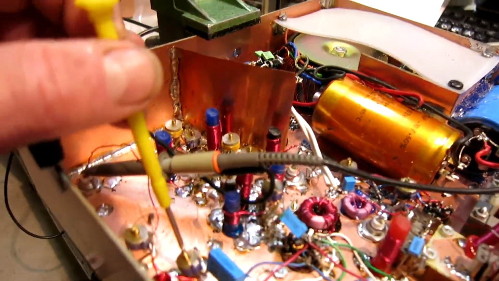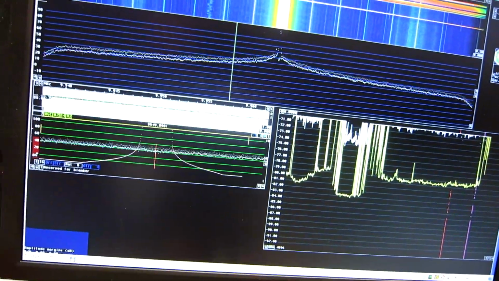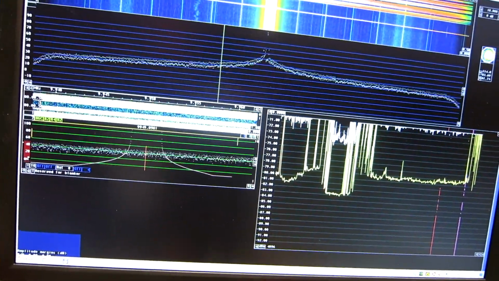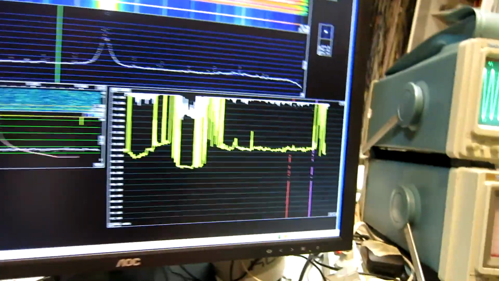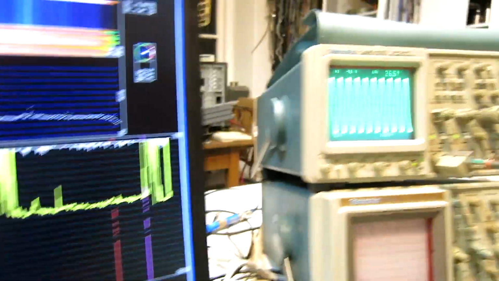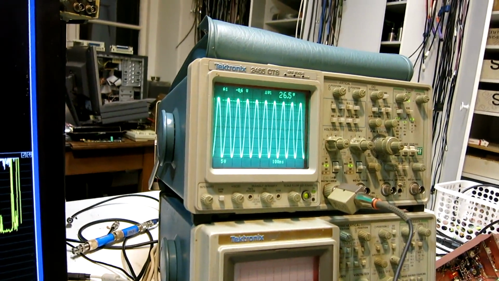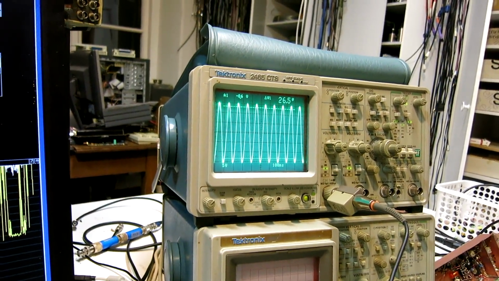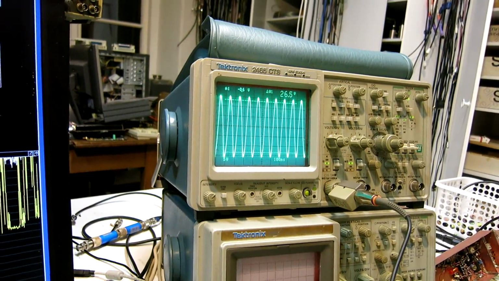When I turn this trimmer, it doesn't look good, and the output voltage you can see here, it doesn't vary much.